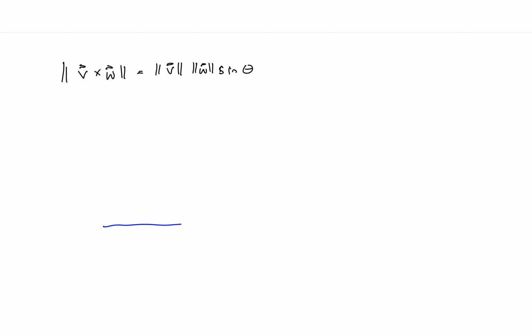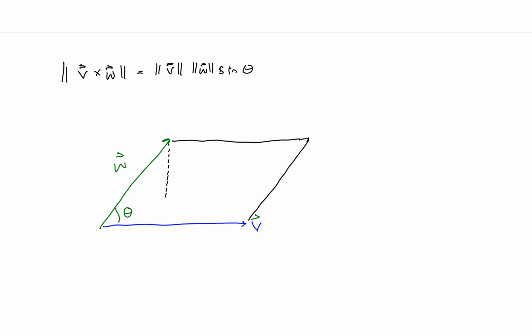So let's suppose I have my vector here, v, and then my vector here, w. And so this angle is theta here. Well, we can consider forming a parallelogram here like this, and then notice that if we're thinking of these in terms of side lengths, and drop this down here as well, this side length here would be the magnitude of w times sine theta.